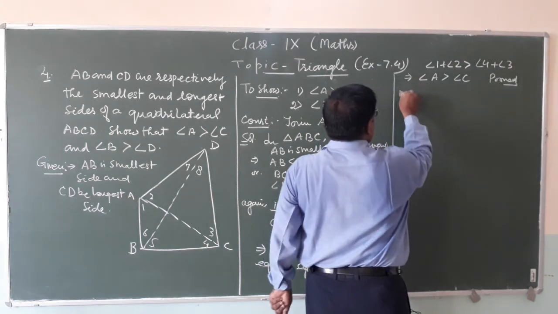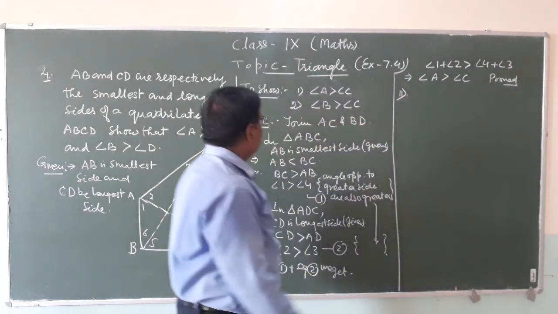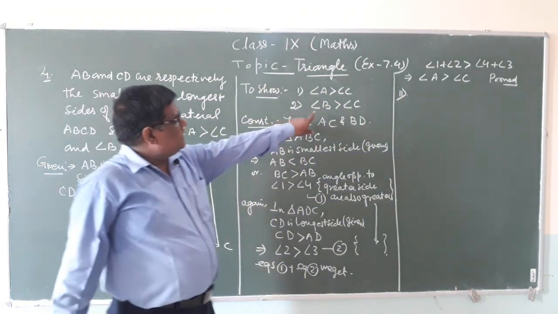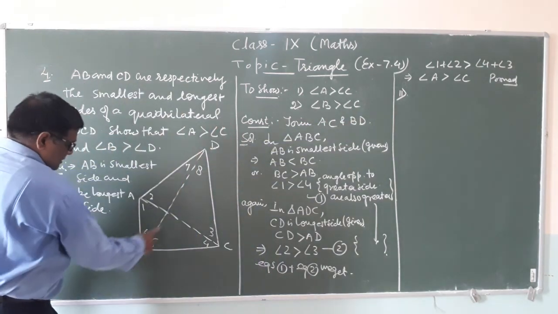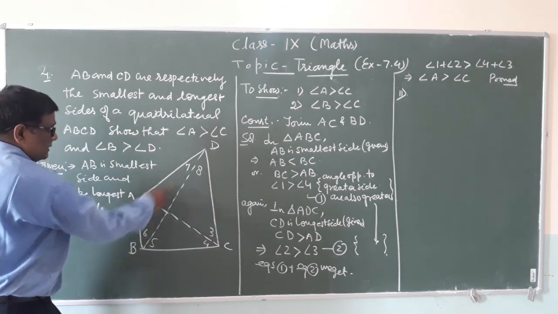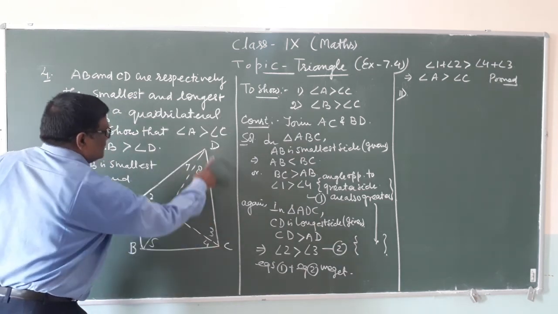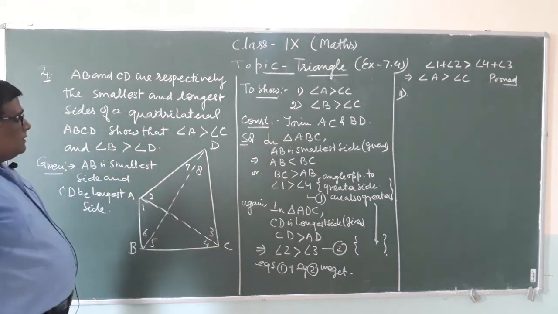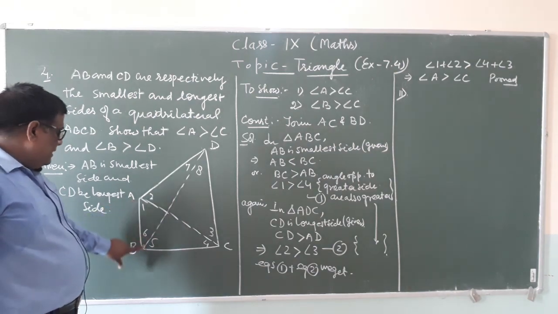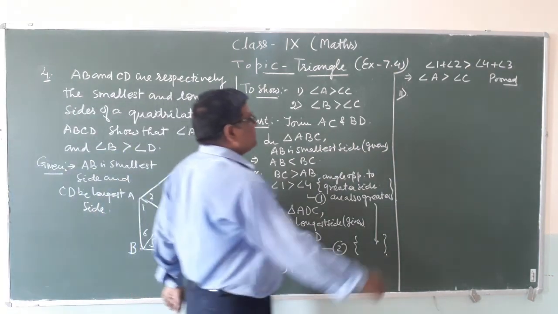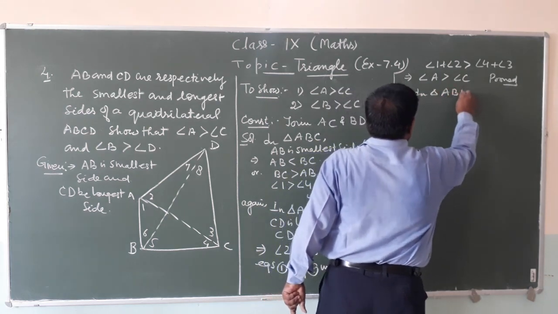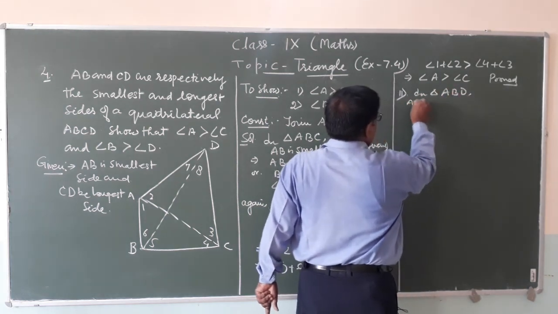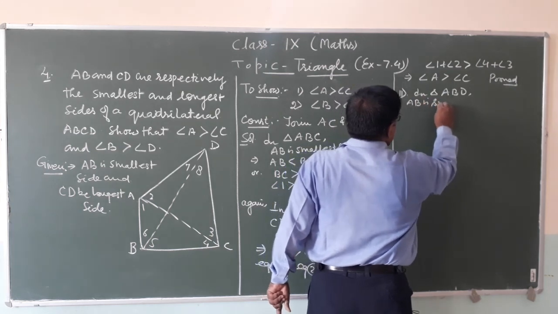Now, in the second proof, that is angle B is greater than angle D, join BD. We have to find angle ABD and angle BCD. So, first of all, we take angle ABD. Now, in triangle ABD, AB is the smallest side.